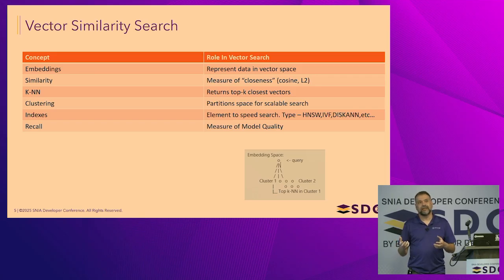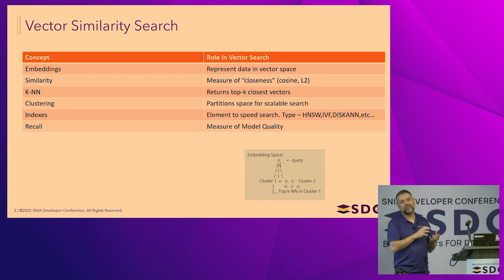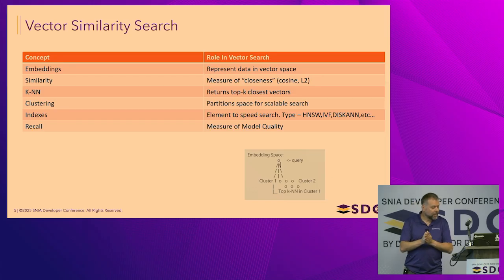KNN is the number of nodes or clusters that are closer, so that's kind of the response that we're going to get, right? Clustering is the partitions. A vector database can grow so much that we need to divide it into shards. So those are clusters. Indexing is what enables the search.